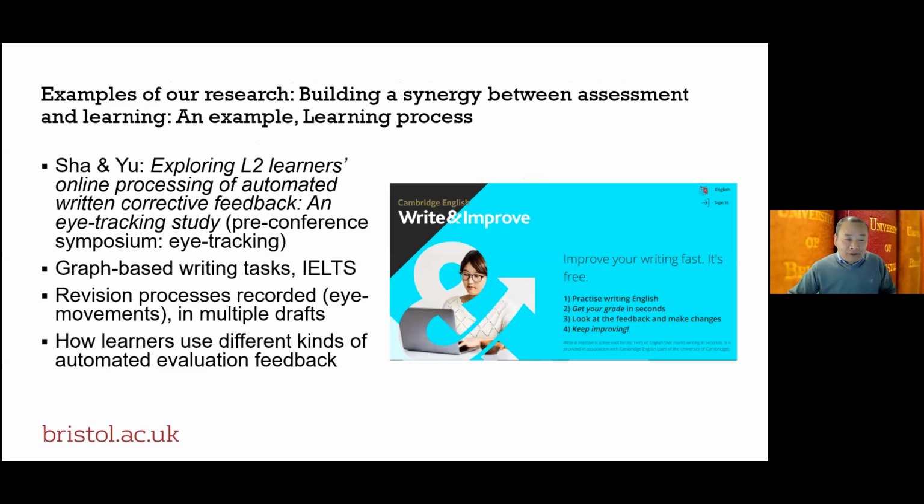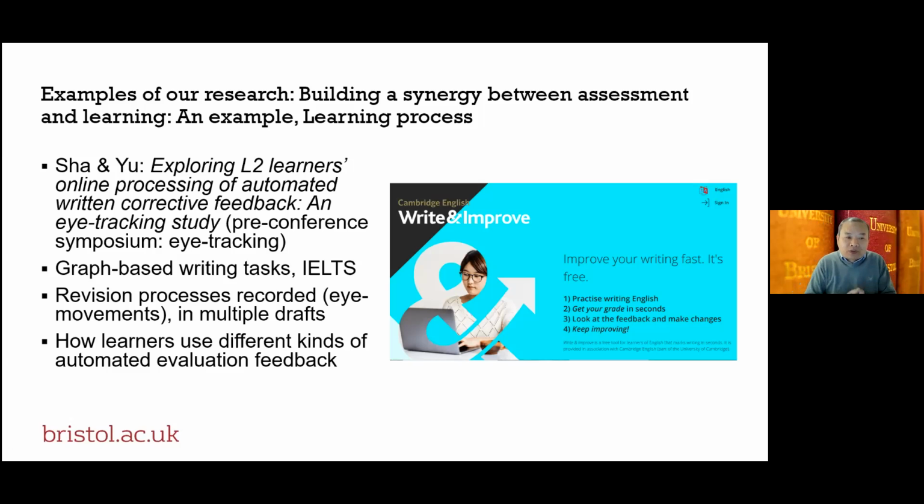And also very recently, this is actually a presentation in the symposium on eye tracking. Liu, my PhD student, talked about how L2 learners actually process the automated feedback given by, here you can see, the Write & Improve system.